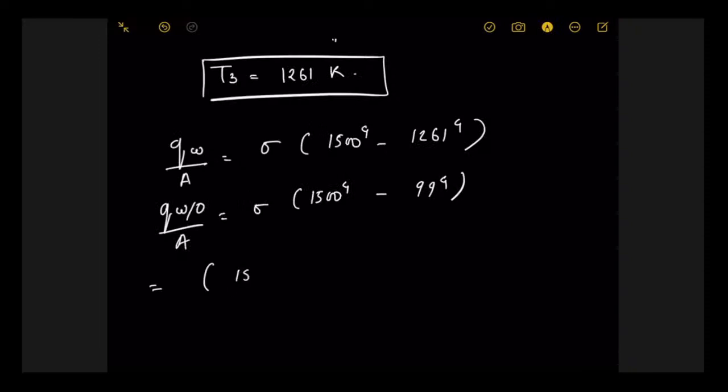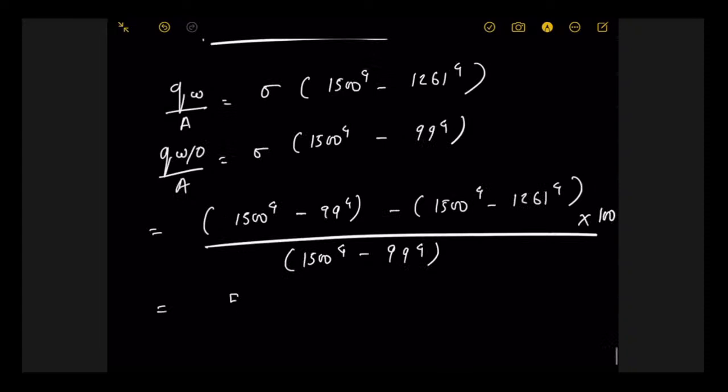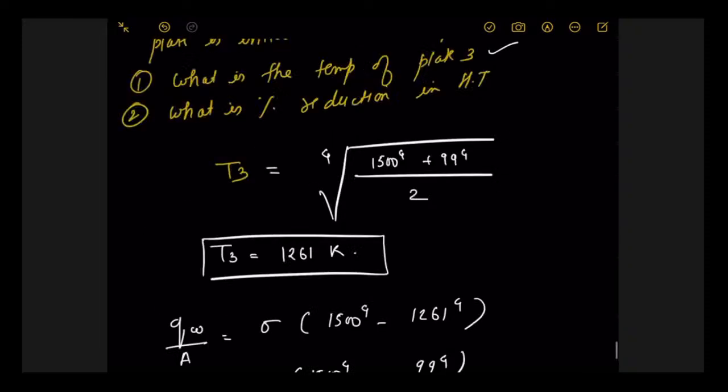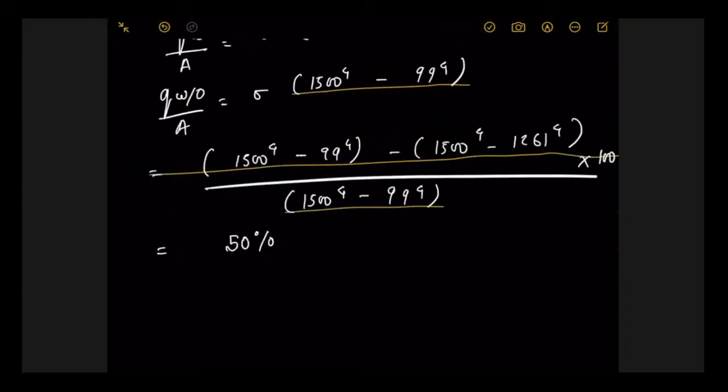Q without shield minus Q with shield, divided by Q without shield, into 100, will give you 50%. So the answer is 50%. Or you can directly say, while derivation we have seen that if one plate is inserted, it will directly reduce the value of Q by 50%. There is no need to calculate also.